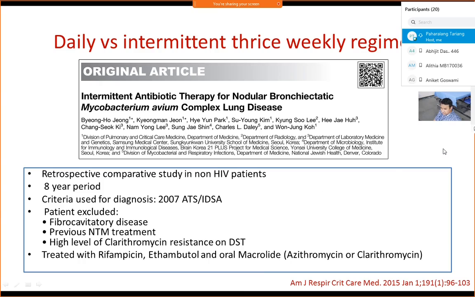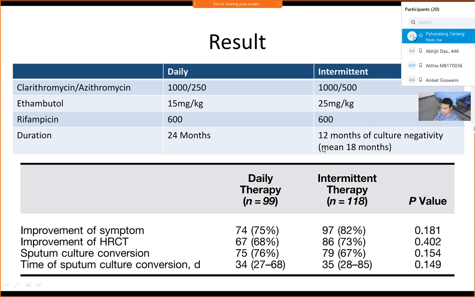So there's also a question of whether you want to give the treatment daily or intermittent, thrice weekly. In the daily regimen you have clarithromycin at 1 gram per day or azithromycin at 250 mg per day, ethambutol at 15 milligram per kg, rifampicin at 600, and a duration of 24 months.